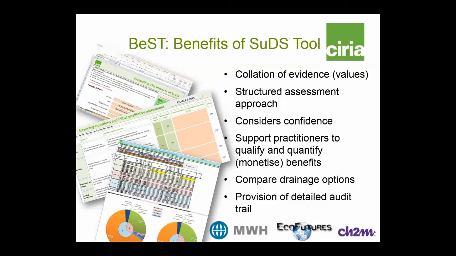And if you're looking at more than one drainage option, which you may well do, we also provided the ability to take out values from using the tool each time for each option, and then compare them in a simple way. The tool also encourages people to record evidence of the numbers and where they've got information from. So in the future, if you go back, there's either a reference to another document, or there's the ability to enter text directly into the tool.